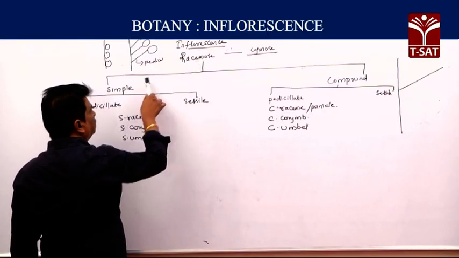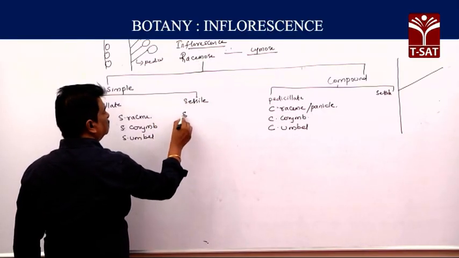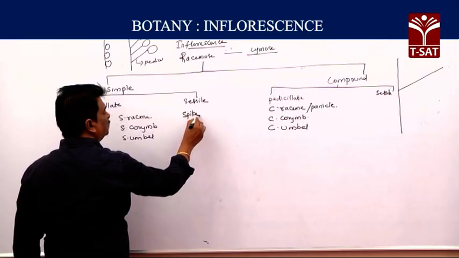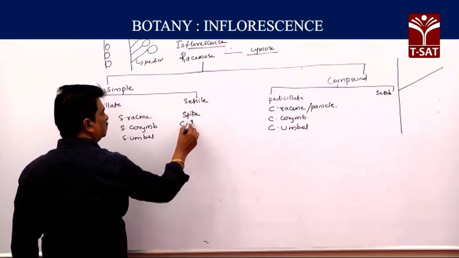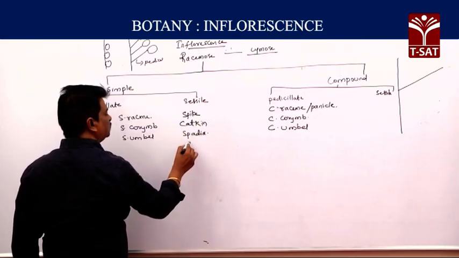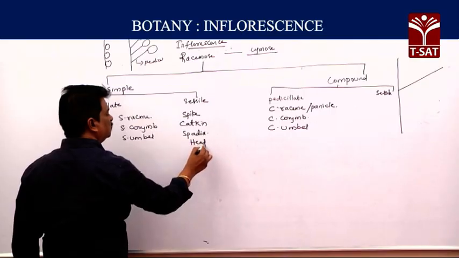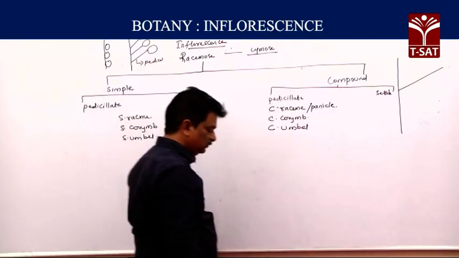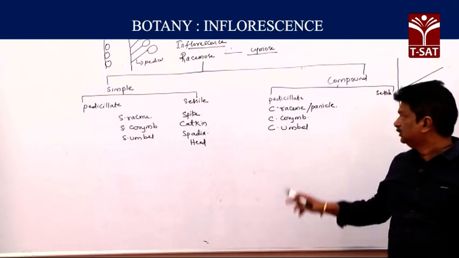Third, racemose simple sessile. Under this, one is spike, the second is catkin, the third is spadix, and the fourth is head.